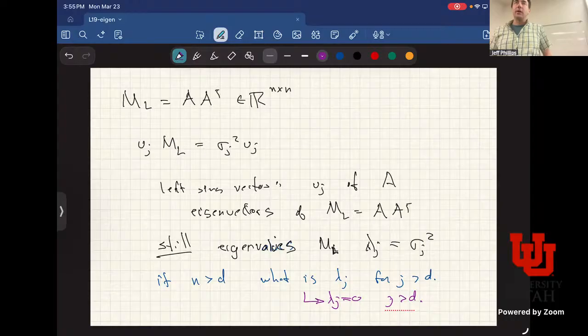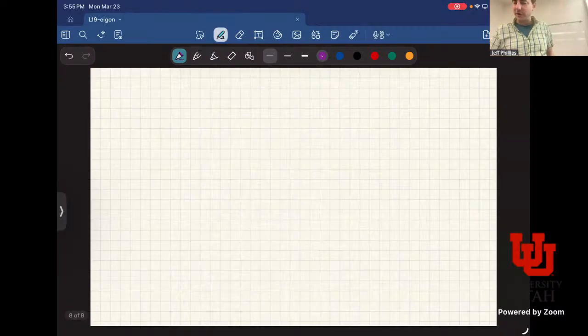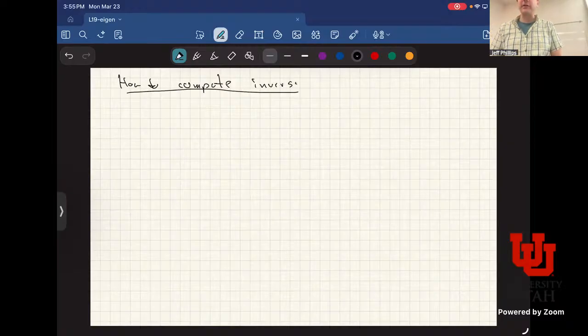Okay, so let's finally talk about computation. Mathematically, we have all the structure we need. Before I compute the eigen decomposition or the singular value decomposition, I want to talk about how to compute the inverse, assuming I have the singular value decomposition.